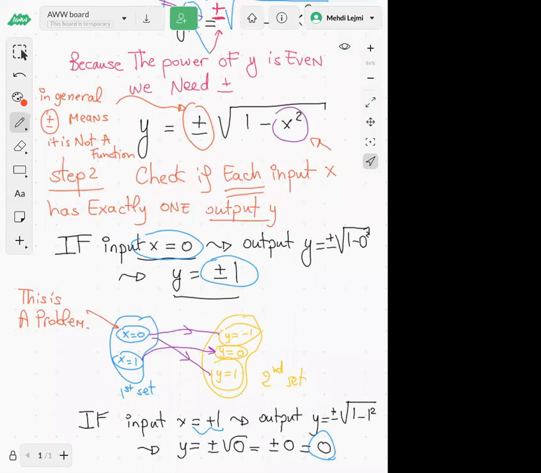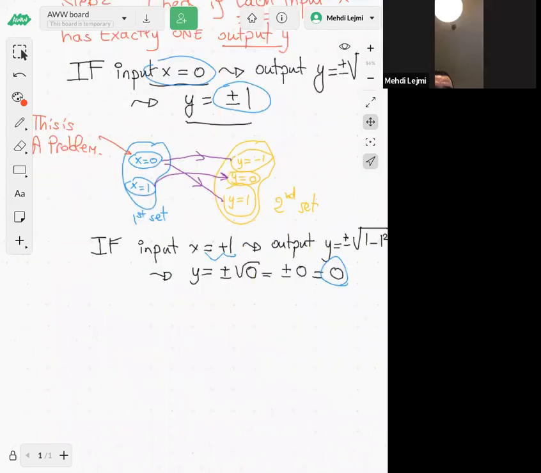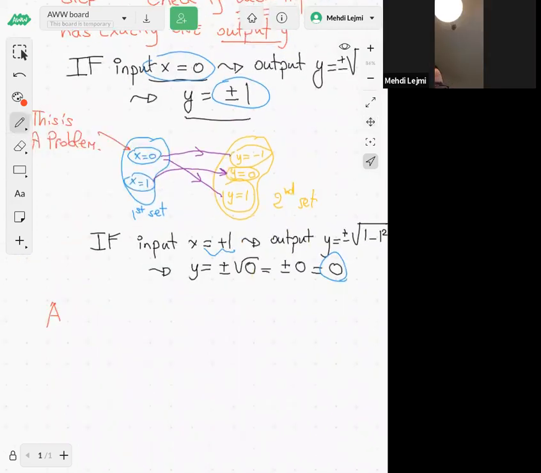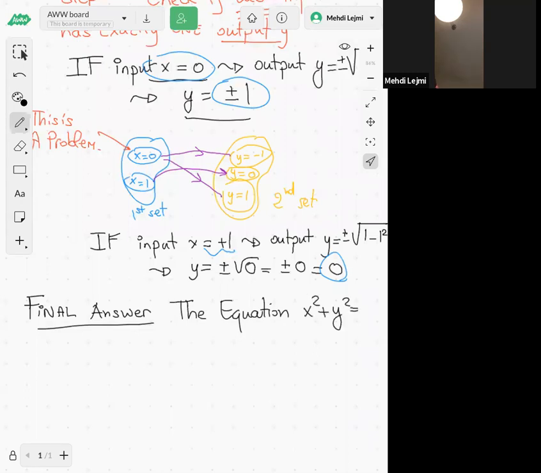So the answer to this question is: the equation x squared plus y squared equal to 1 does not represent a function.